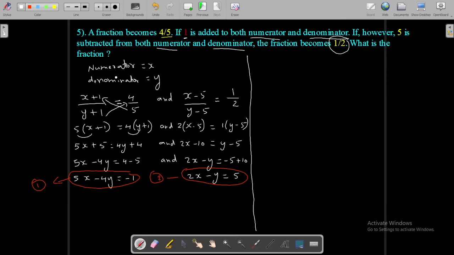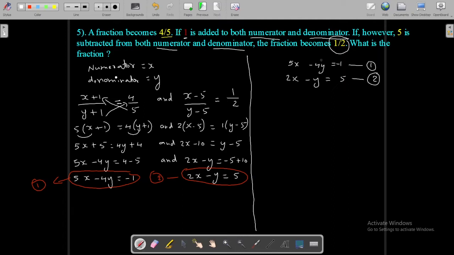So for that, I will take this equation 5x minus 4y is equal to minus 1. Similarly, 2x minus y is equal to 5. This is minus 1 and this is 5. So this is our equation 1 and equation 2.